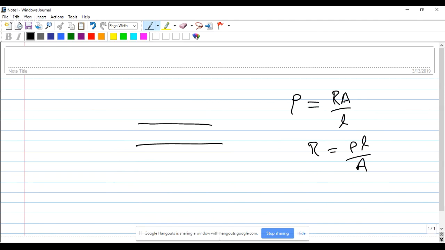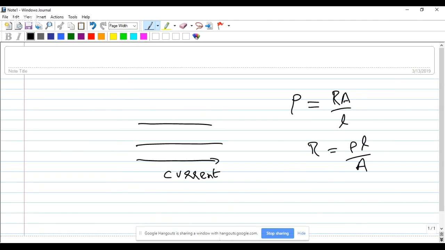So the L here refers to the length along the direction of motion of the current. So this is my current carrying conductor, and we say current is flowing from left to right. So this is the direction of flow of current.